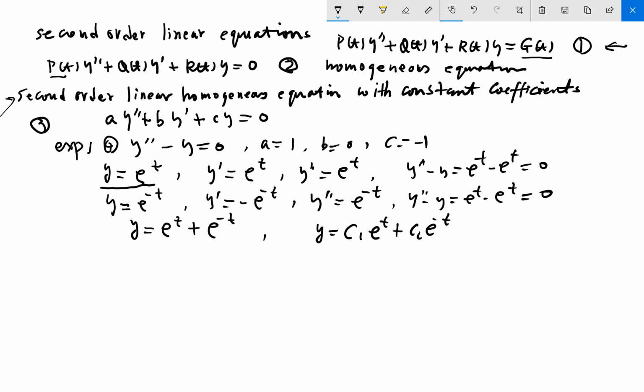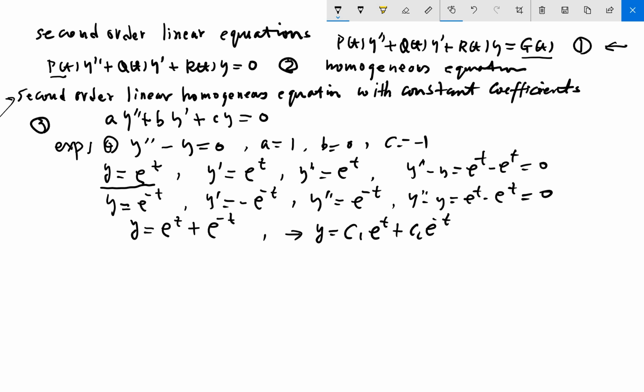We have e to the t, and e to the negative t is another one. Then you add them together, and that gives you another one. Anything written in this form will be a solution. Don't take this for granted. A linear combination of two solutions is still a solution. This is only true for linear homogeneous equations.